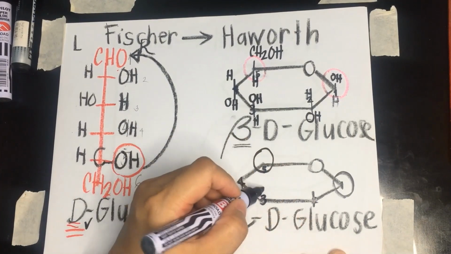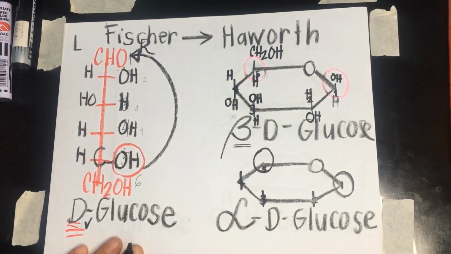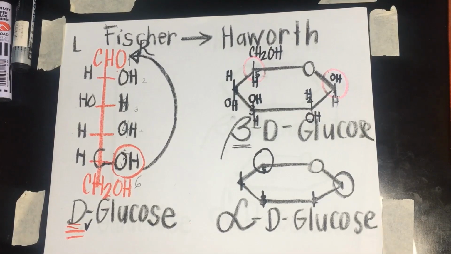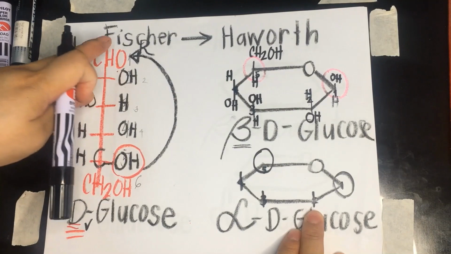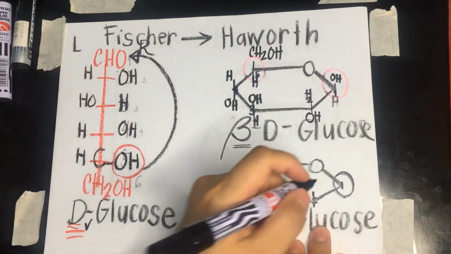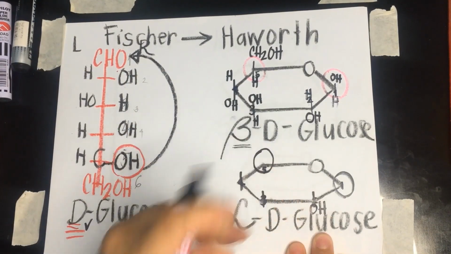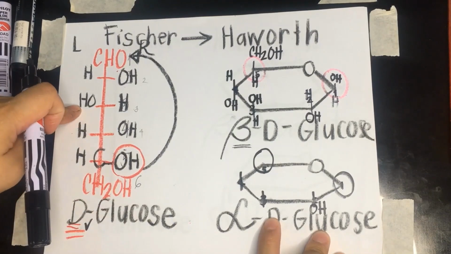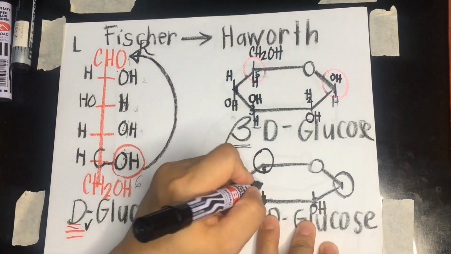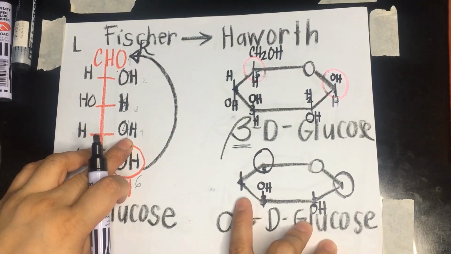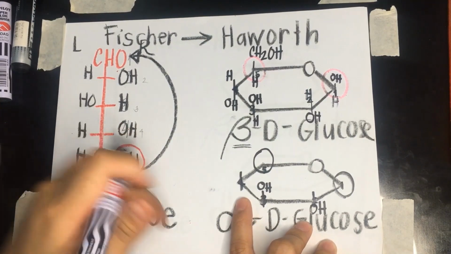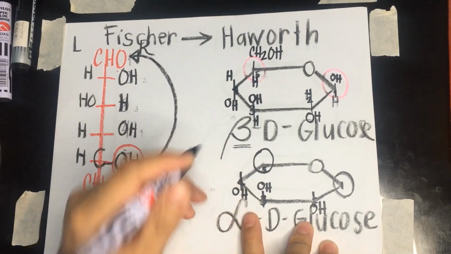Then, we are now going to put our hydroxyl group. For the second one, the hydroxyl is located on the right side, therefore below. Next, on the third one, hydroxyl is located on the left side, we put on top. Next, carbon number 4, hydroxyl located on the right side, we put below.